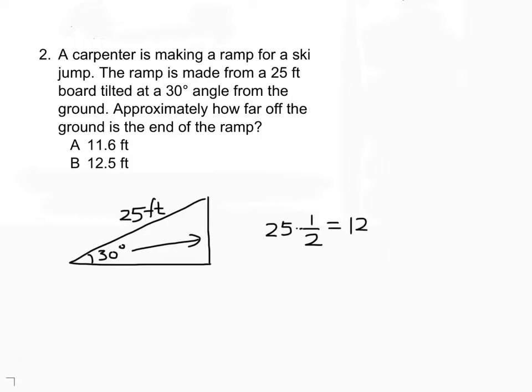Obviously 25 divided by 2 is 12.5. This is the part you will have to remember: any side right across from a 30 degree angle has to be half of the hypotenuse length.